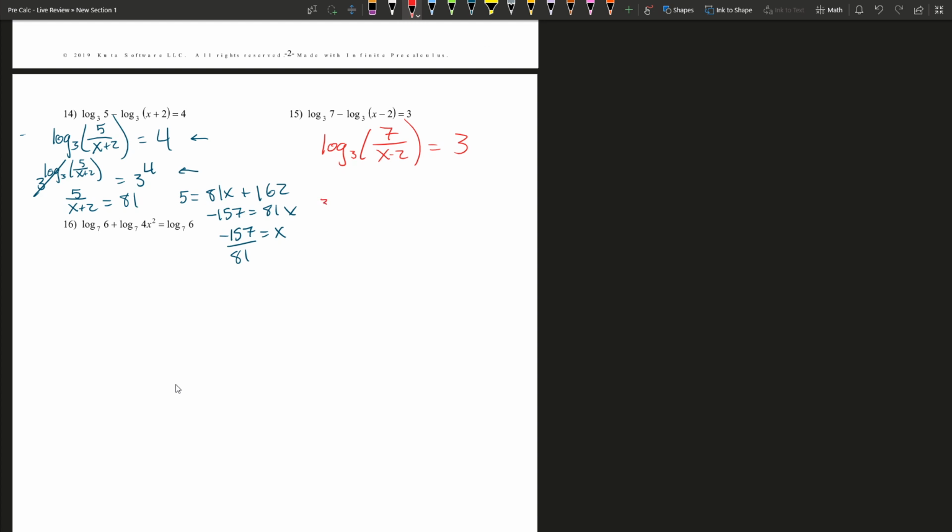So we get 3 to the power of log base 3 of 7 over x minus 2 equals 3 to the third. This 3 and this log base 3 cancel. So we have 7 over x minus 2 is equal to just 27. Multiply by x minus 2 on both sides, and then solve like normal.